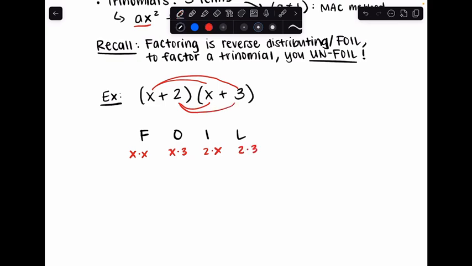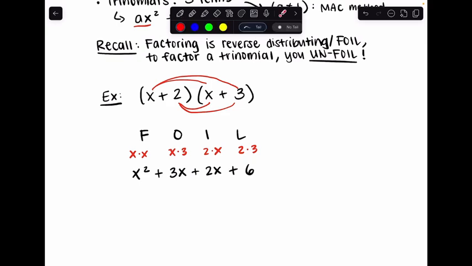If I simplify those out, x times x is x squared. We have plus x times 3, but I'm going to put the 3 in the front, so we get 3x. 2 times x is just 2x, and then 2 times 3 is 6.